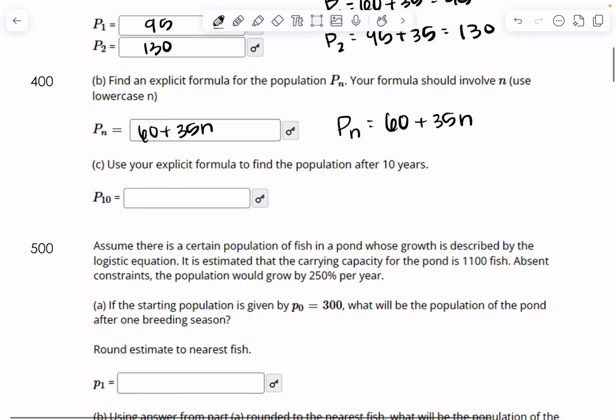And then we're going to use that explicit formula to find the population after 10 years. N is the number of years. So you would just do 60 plus 35 times 10. And you get 410.